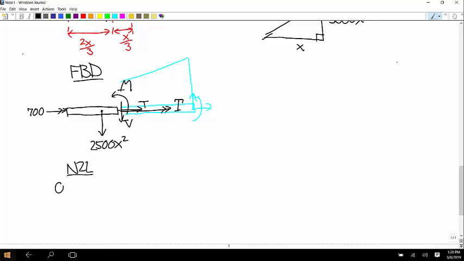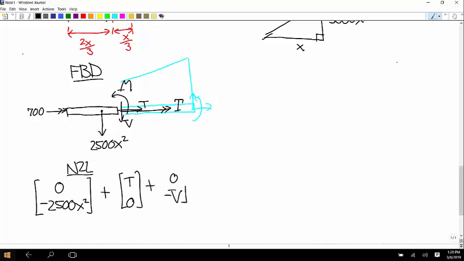So we have 0, negative 2,500x squared, plus T0, plus 0, negative V. That negative V is because you can think of this vector V as a magnitude V times a unit vector in the downward direction. So V times 0, negative 1 gives you 0, negative V. And it's static, so those are equal to 0.